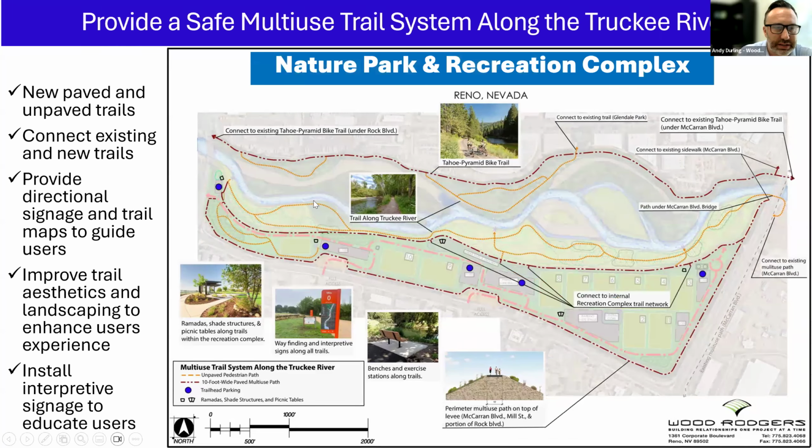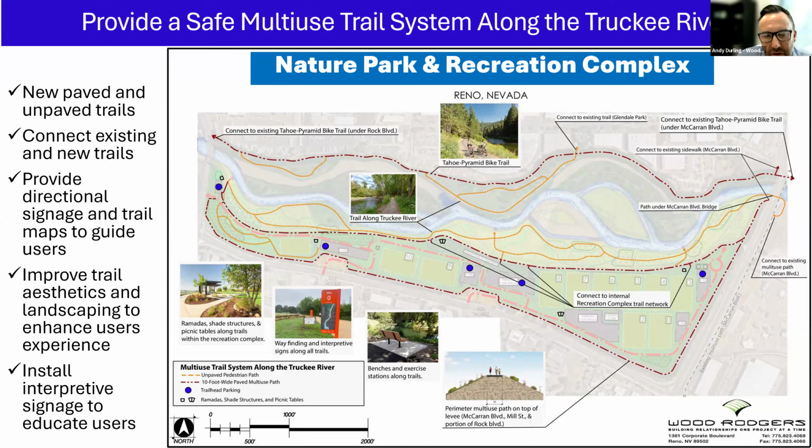So going to the next slide, this is looking at that hybrid option of the nature park and recreation complex. Again, right within the river corridor itself, north of that intermediate berm, the Tahoe Pyramid bike path is the same. A lot of the more natural paths and trails within the river corridor are also the same, providing access to the river. The difference, obviously, is on the south side of the intermediate berm, there still would be some trails and pathways, maybe in a more formal context.